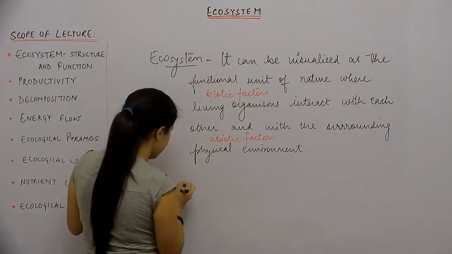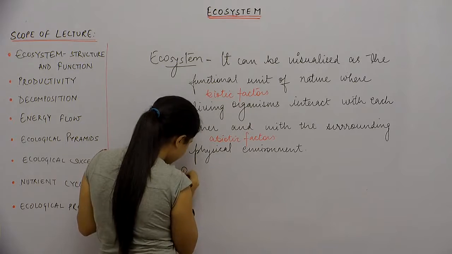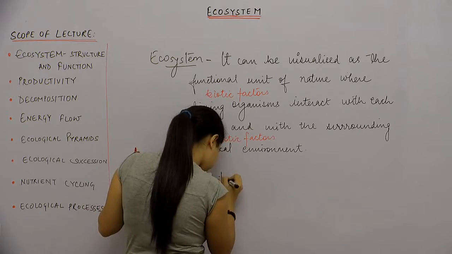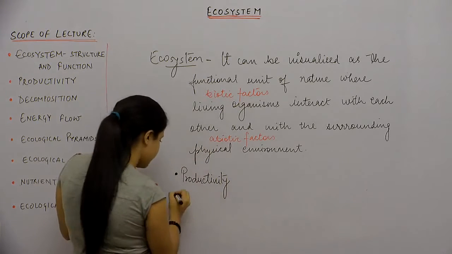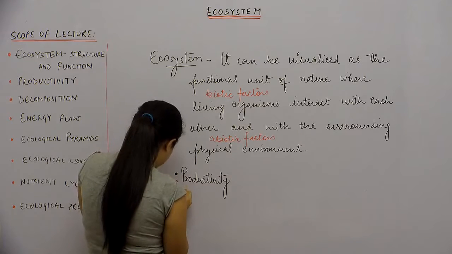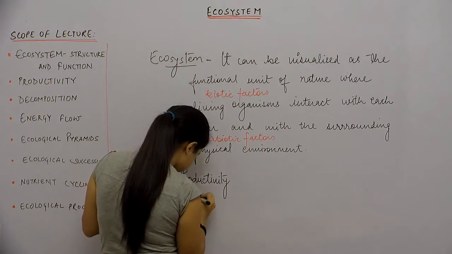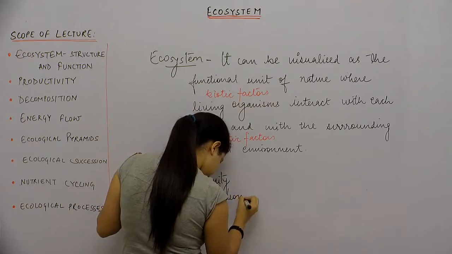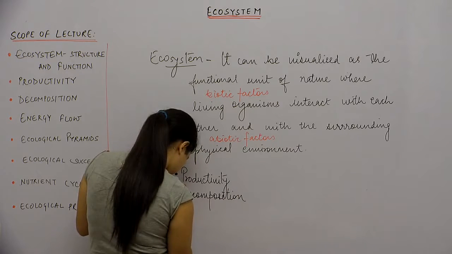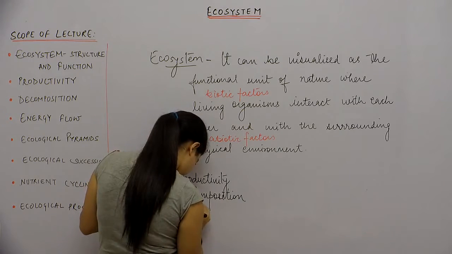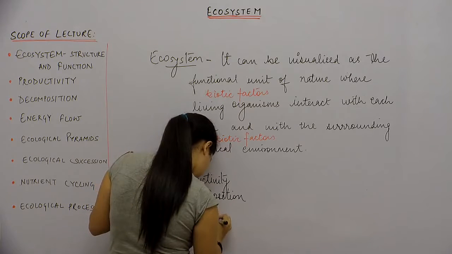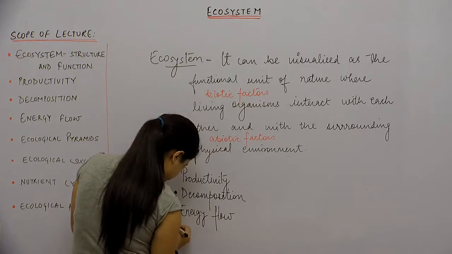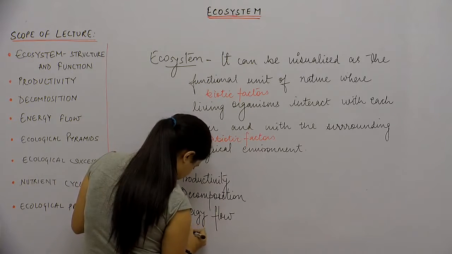Those aspects are, first is productivity, second is decomposition, third is energy flow, and the fourth is nutrient cycling.